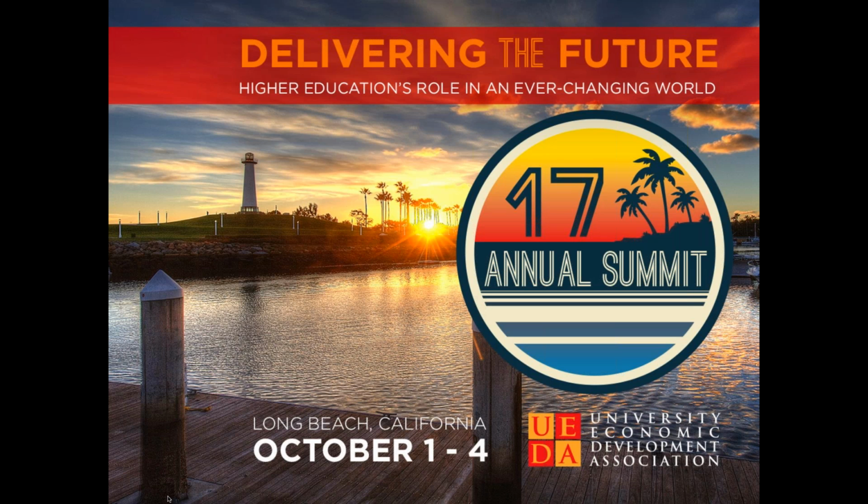Our theme this year is Delivering the Future, Higher Education's Role in an Ever-Changing World, and we're really focusing on how higher ed can react and support the communities in which they serve to elements around us that are changing constantly, be that elements at a national scale, a local scale, environmental scale, all aspects. So we're really looking to have encouraging and engaging dialogue at the summit to talk about what our role is as a sector in supporting an ever-changing world.